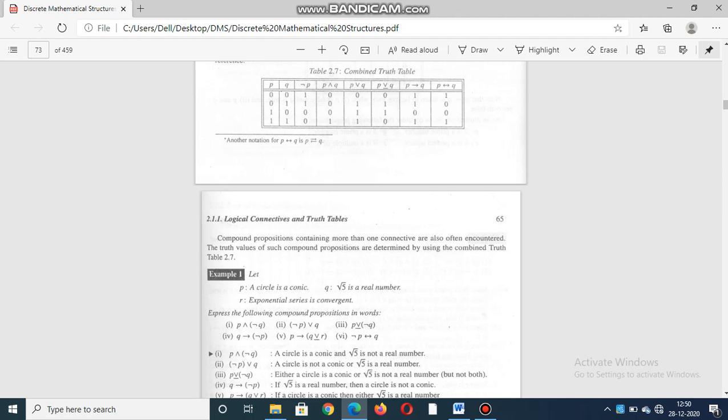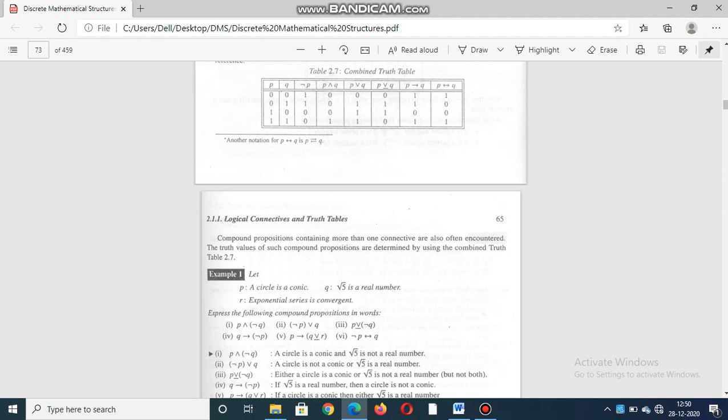So you have just observed here: P conjunction not Q. What is P? P is a circle is a conic. Not Q: what is Q? Root 5 is a real number. So how do you write it?